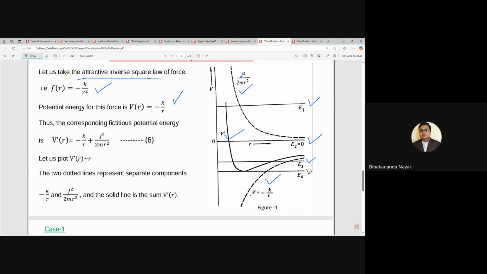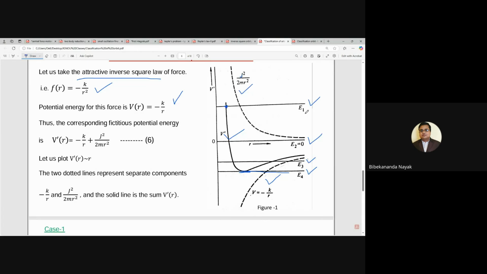E4 is another negative energy, where potential energy is minimum. It's the minimum value of potential energy. Okay? So then we try to picturize the motion. Because we know when E becomes V prime, it's a turning point. So this point is basically a turning point.